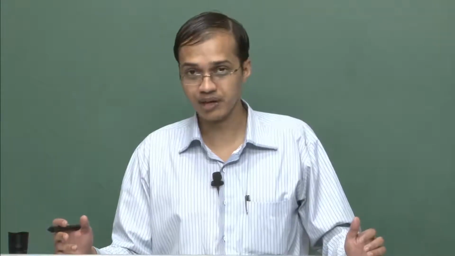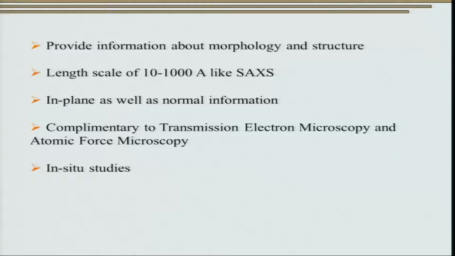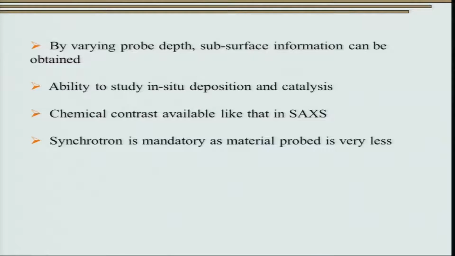Similarly, GISAXS is also complementary to something like SEM and atomic force microscopy. At the same time, as we discussed in the last slide, we figure out that GISAXS is absolutely essential and absolutely state of the art when it comes to in situ studies on deposition of various materials.